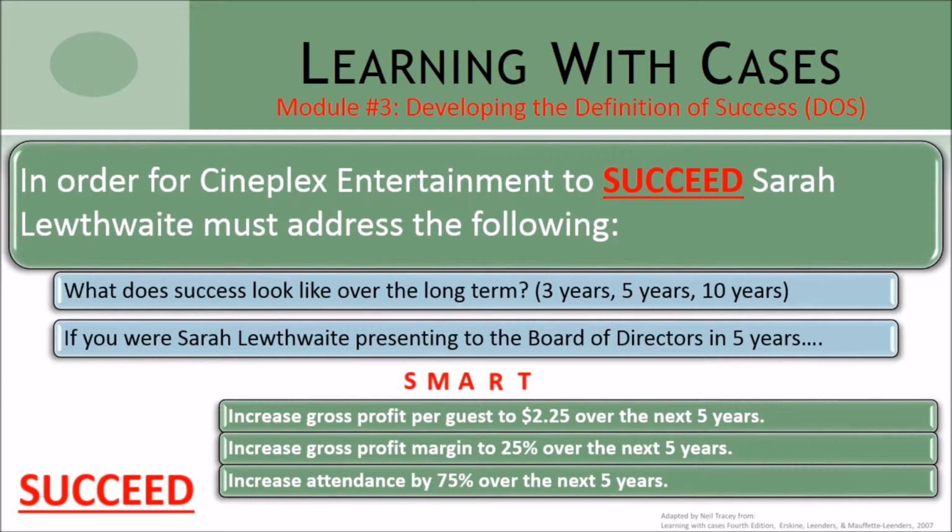In this case, it might be possible to increase our gross profit per guest to $2.20 from the current $1.70, but could we really sit back 5 years from now and congratulate ourselves on a job well done? If we manage to increase our gross profit per guest, but see an overall reduction in our guests, it's possible that our overall revenues and profits would decline. Would we consider that to be a success?